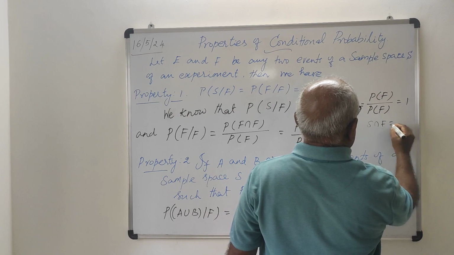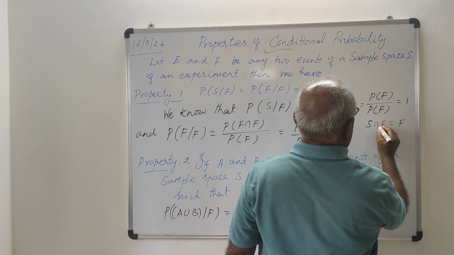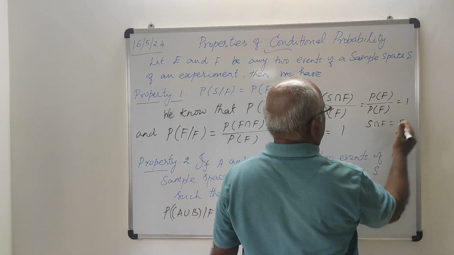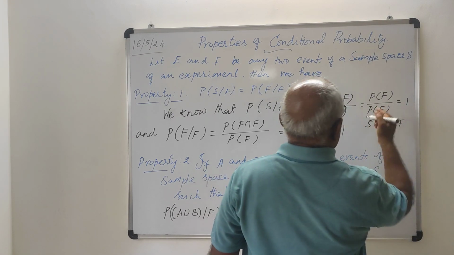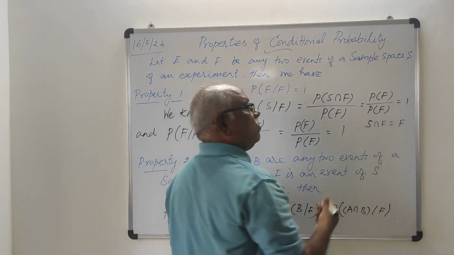Therefore, this is P of F by P of F, which is 1.